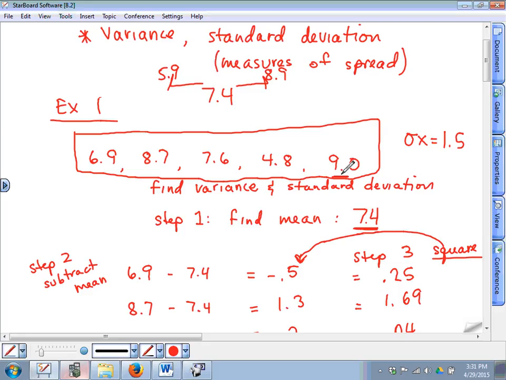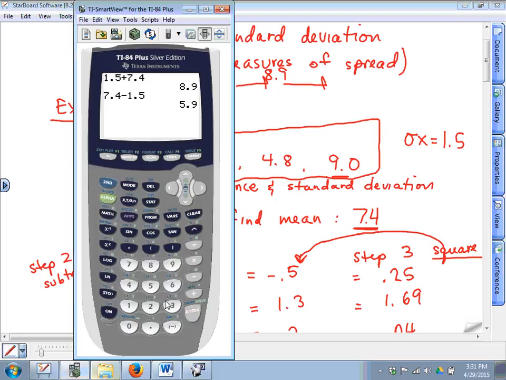And the answer is no. We have this number right here, 9.0. It doesn't fall within one standard deviation. So we need to go one more standard deviation. If we add another and subtract another 1.5 on either side, I'm going to now start with 8.9 and add one more standard deviation of 1.5. That gives me 10.4.